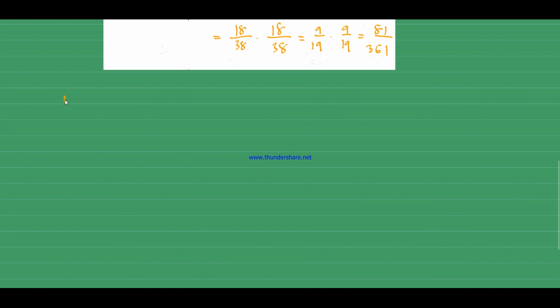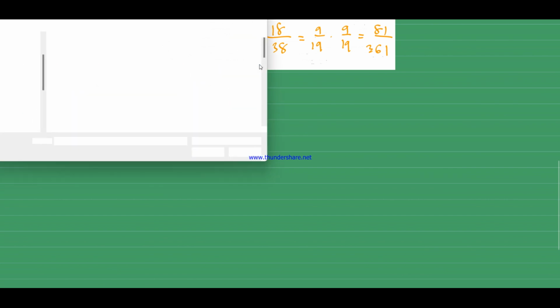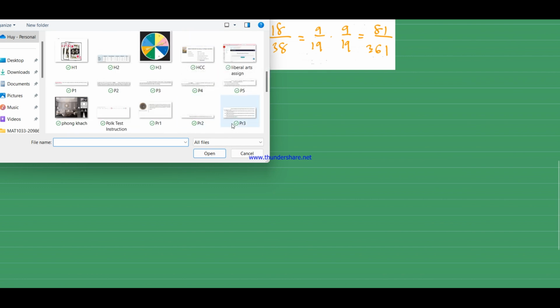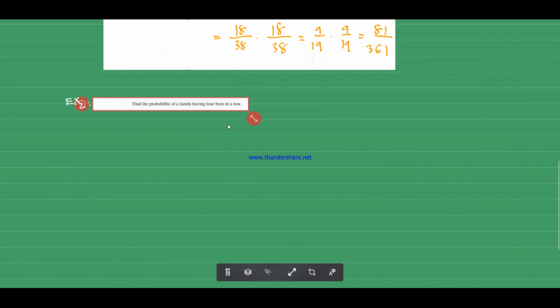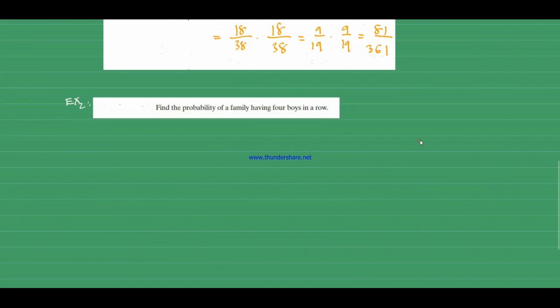Okay. Example 2. How about this one? Find the probability of having 4 boys in a row.